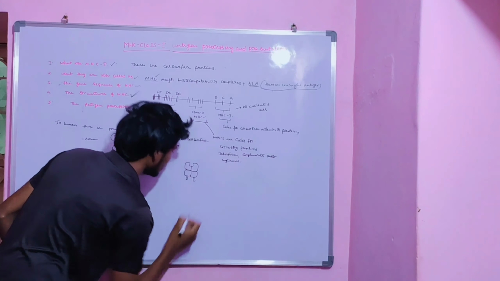Now beta 2 globulin, the beta 2 molecule, is formed and added to the incomplete MHC in the presence of the protein called calreticulin. The protein calreticulin.